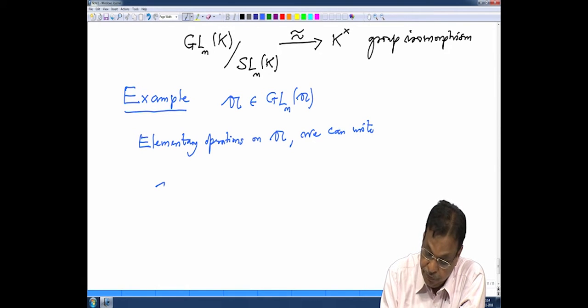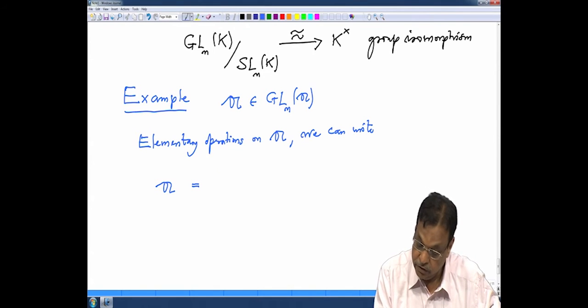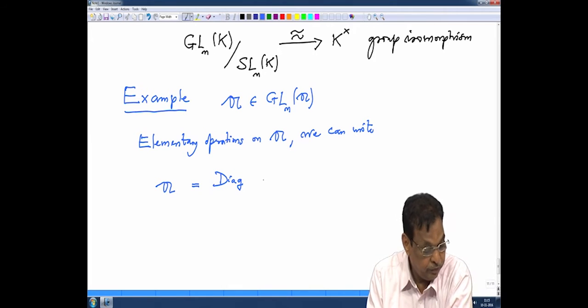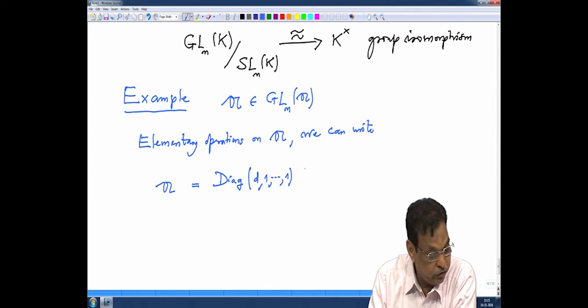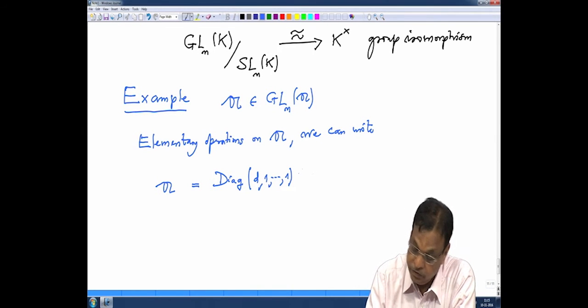So we can write A as a product of a diagonal matrix diag(d, 1, 1, ..., 1) and elementary matrices.